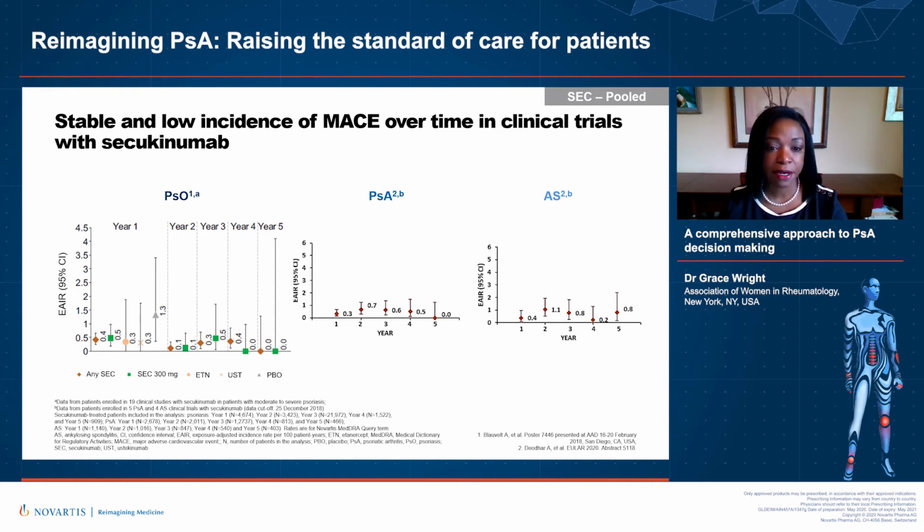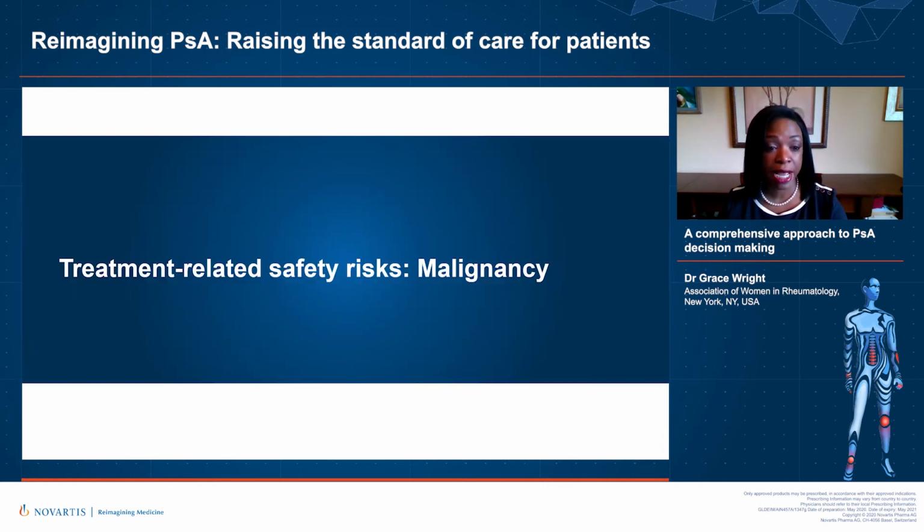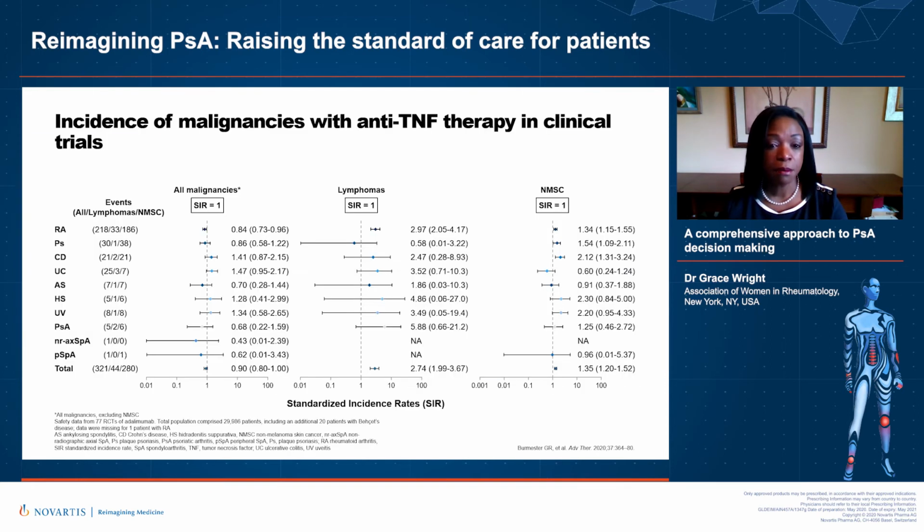Again, pulling out the psoriatic arthritis and AS, we see that the rates there varied from 0 to 0.7 for PsA and anything from 0.2 to 1.1 for ankylosing spondylitis. So MACE is an important adverse event that we need to be aware of and need to check before and during therapy.